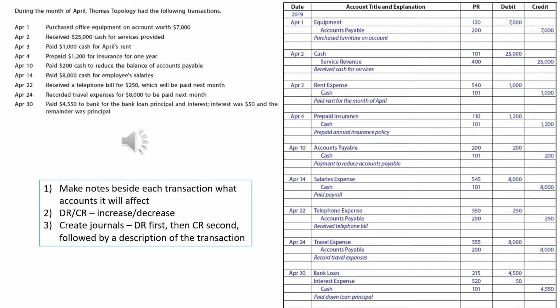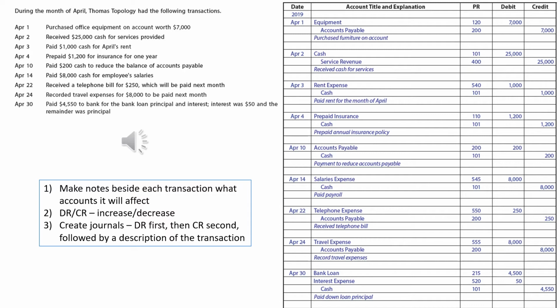April 3rd, you paid $1,000 cash for April's rent. To increase your expense, your rent expense, you need to debit rent expense by $1,000. And you need to credit cash by $1,000 to indicate the fact that you used cash to pay that rent. Therefore, your cash balance is decreasing.